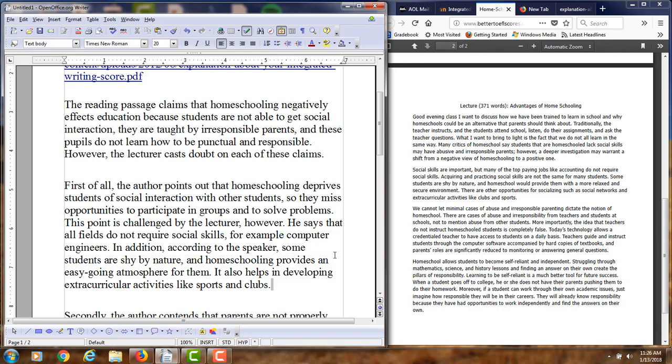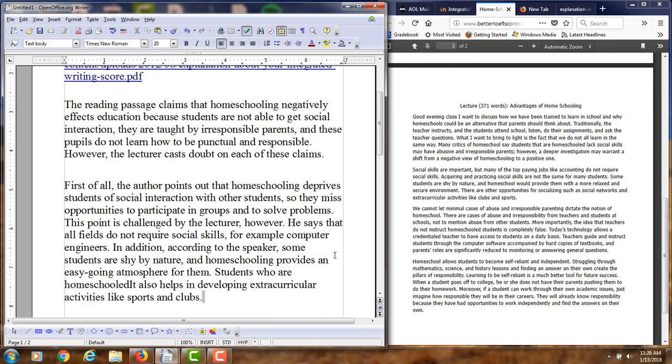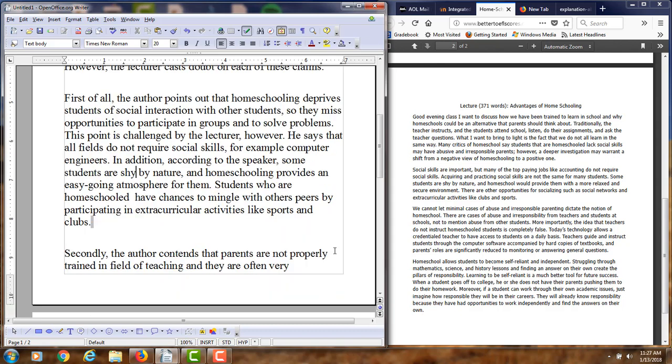You can also say something like students who are homeschooled have chances to mingle with other peers by participating in extracurricular activities like sports and clubs. That's probably good enough there.